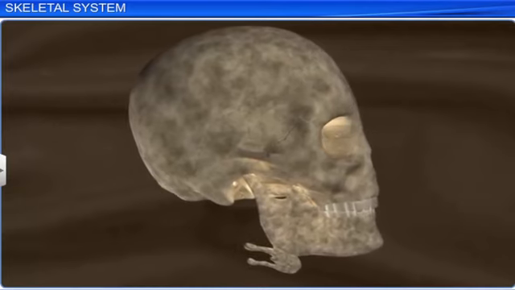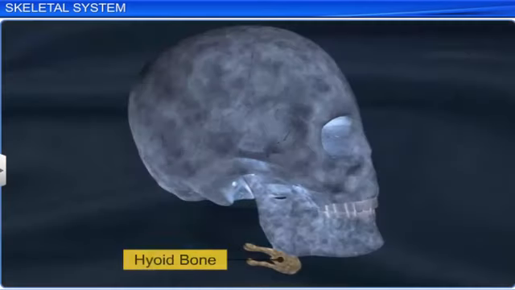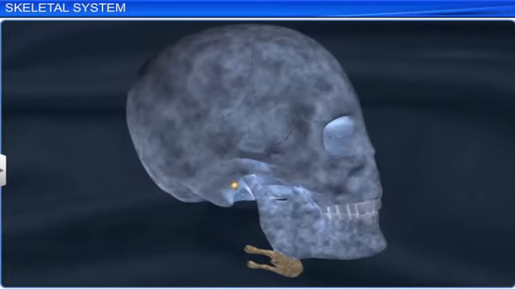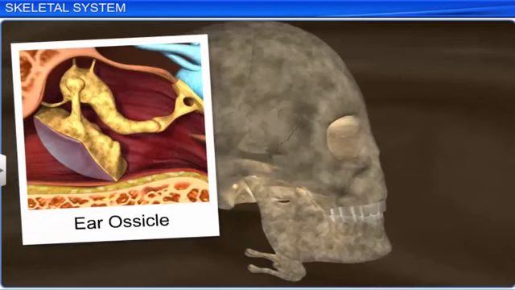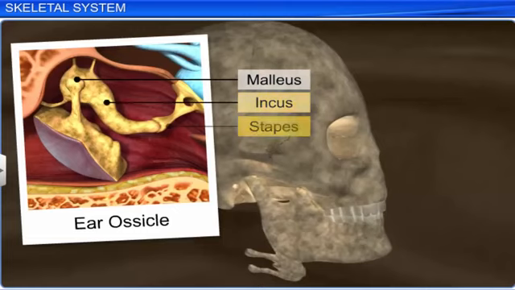The skull also includes a U-shaped hyoid bone and 2 ear ossicles, one on either side. Each ear ossicle consists of 3 tiny bones: malleus, incus, and stapes.